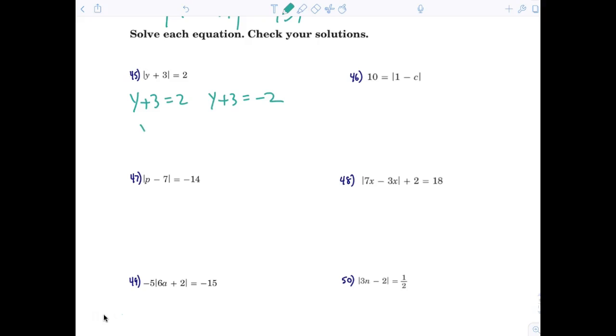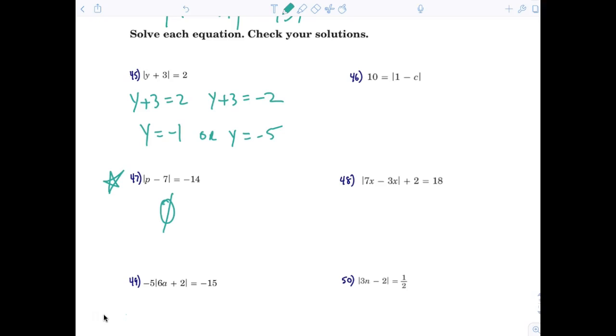So now you're saying that y could equal negative 1 or y could equal what? Negative 5. Now everybody's supposed to put a little star by 47. Because we have the absolute value equal to a negative, so it would be what? It would be no solution. Your absolute value cannot be equal to a negative, so it's no solution.